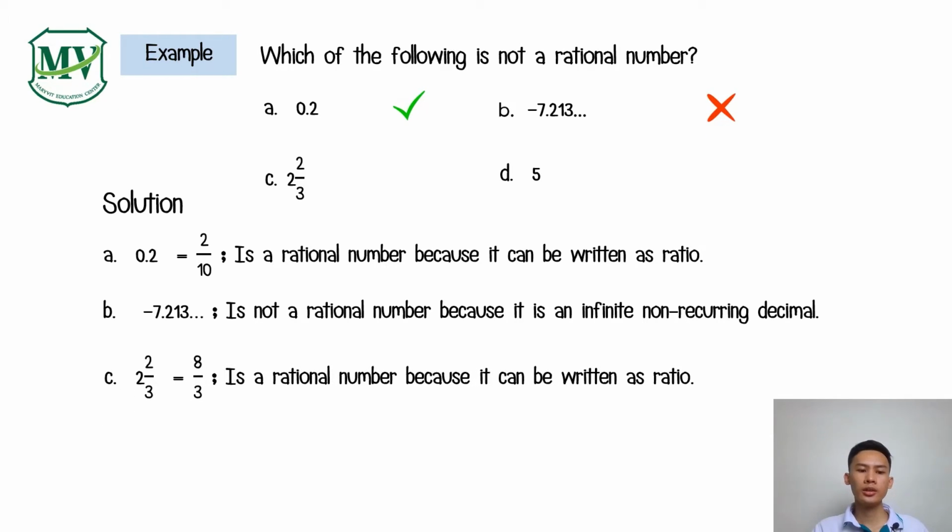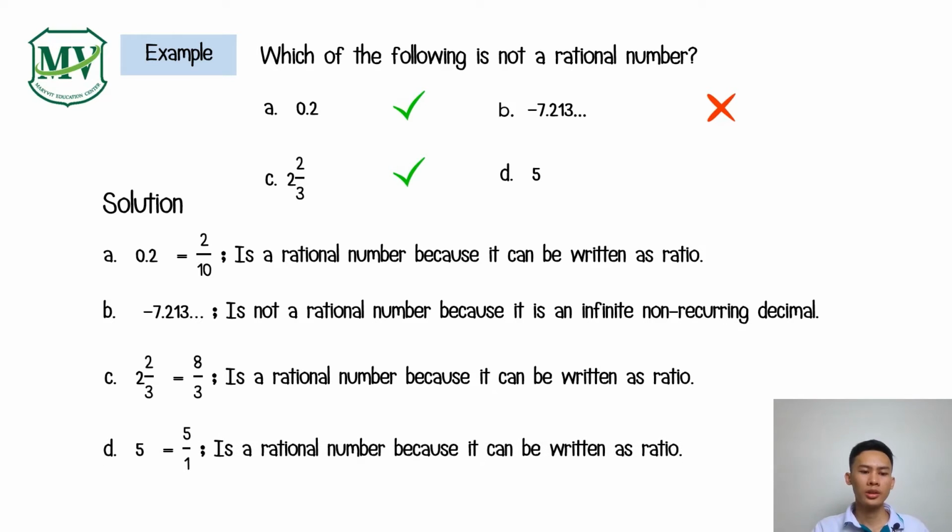In letter C, 2 and 2 over 3 is equal to 8 over 3. It's a rational number because it can be written as a ratio. In letter D, 5 is equal to 5 over 1. It's a rational number because it can be written as a ratio. So, the answer is letter B.